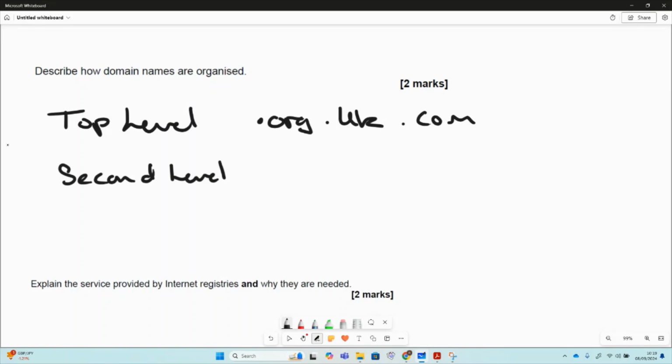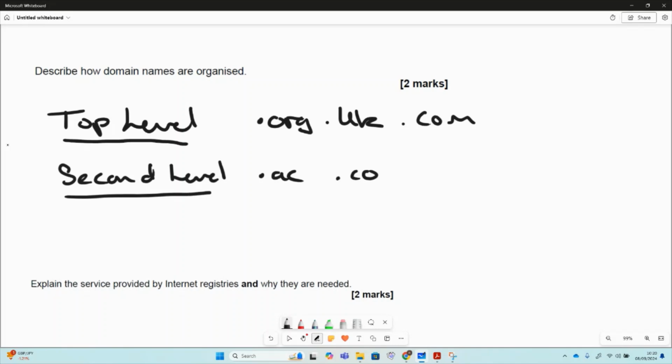Second level domains are things like .ac for academic, or .co as part of .co.uk, that sort of thing. So they're second level domains. So the two things to remember is a top level and a second level. If you mention top level and second level and you give an example, you're going to get the marks for this.